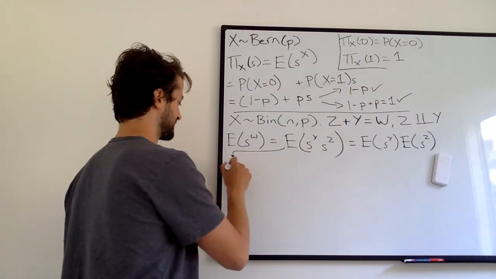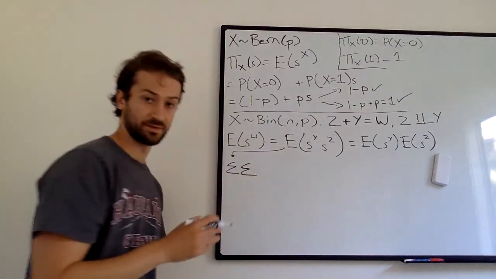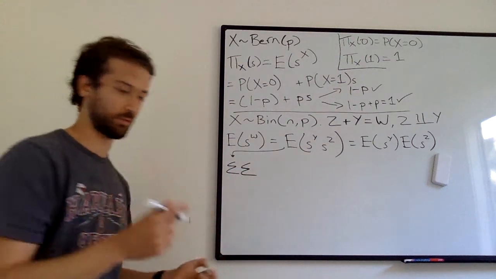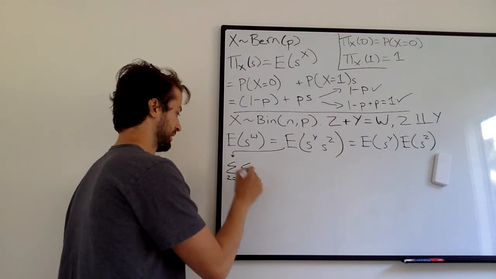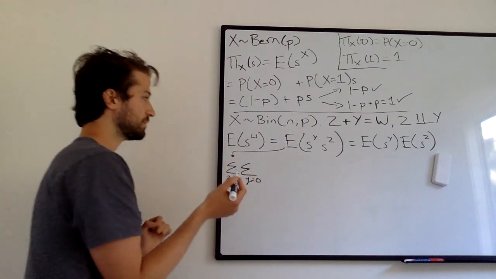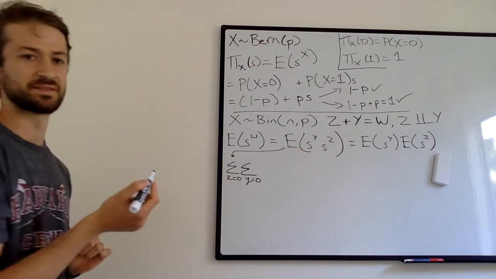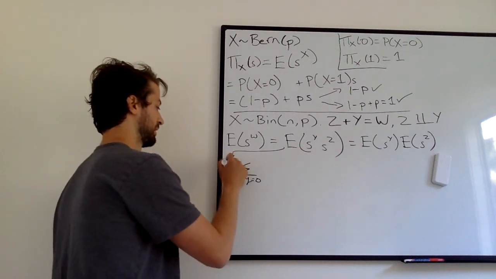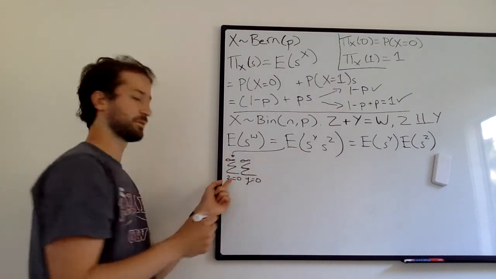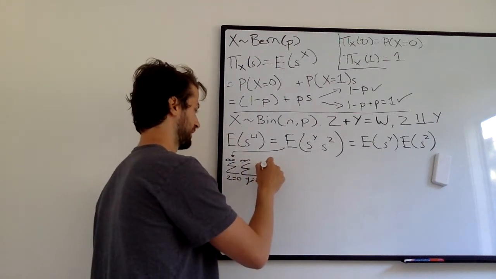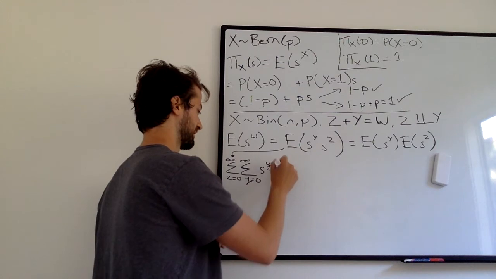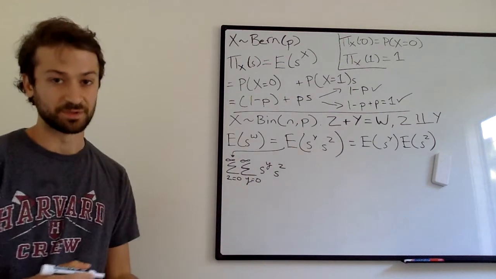So this becomes a double sum. Instead of just the sum over one random variable, we sum from z equals 0 and y equals 0, I guess we're using discrete starting at 0. So from 0 to infinity for z, from 0 to infinity for y, and we have s to the y, s to the z, times the joint distribution of these two.